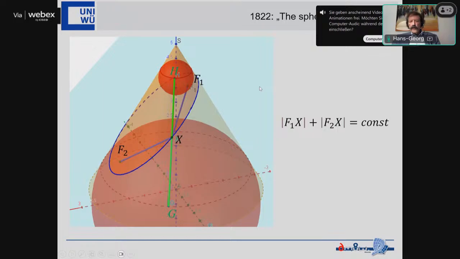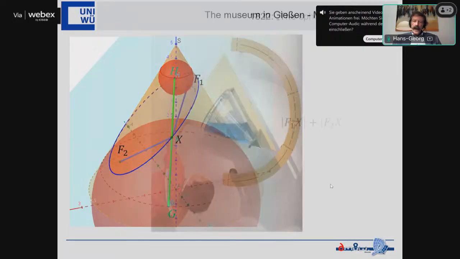And so this is one of the relationships that you have: 3D objects, and you go over to a 2D object, but you explain it in the 3D simulation, and you get this curve in the plane, you get an ellipse.